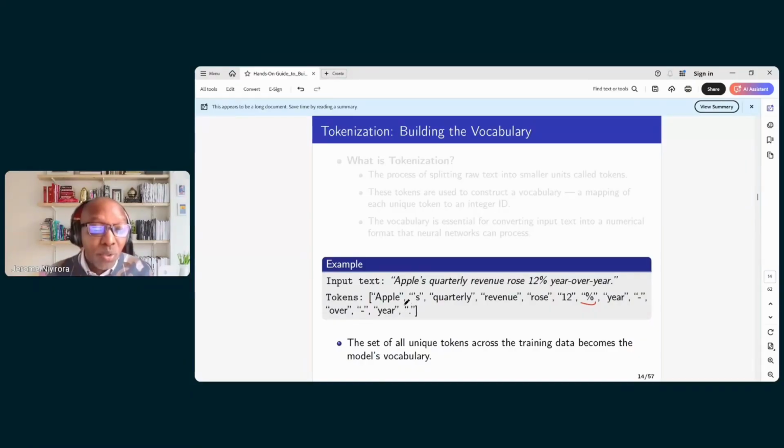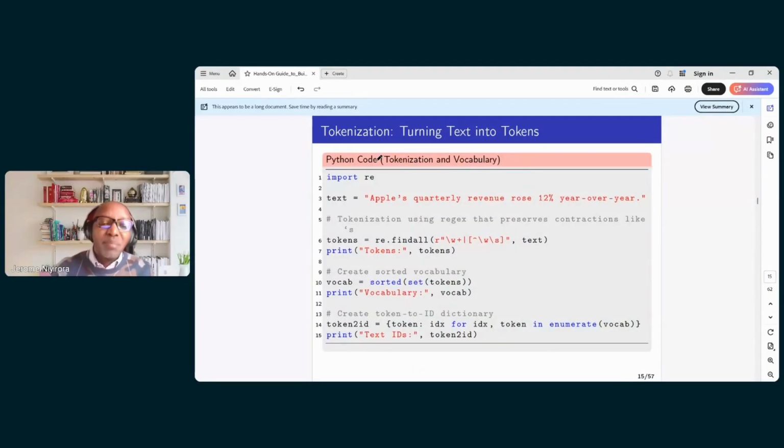But when you turn this into your IDs, we're going to only keep unique words and tokens, and the integers we assign them are what we call token IDs. Those are the ones we use for training the models. So we're going to go to Python a little bit later.